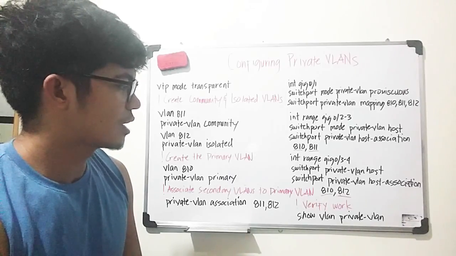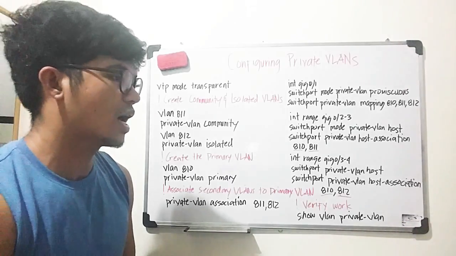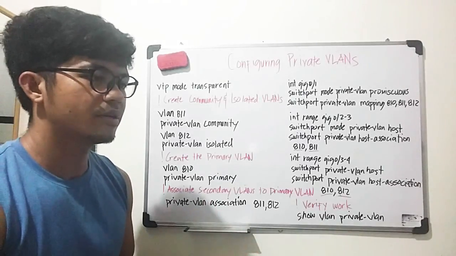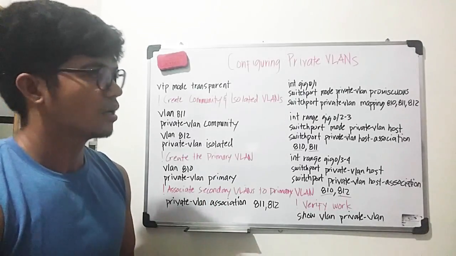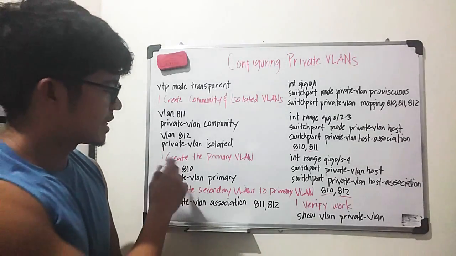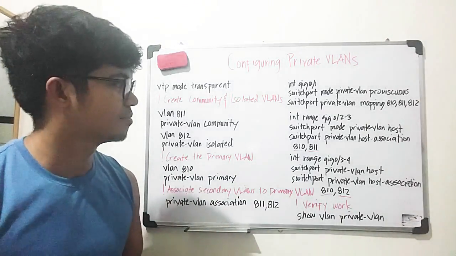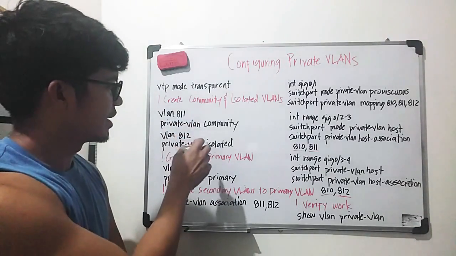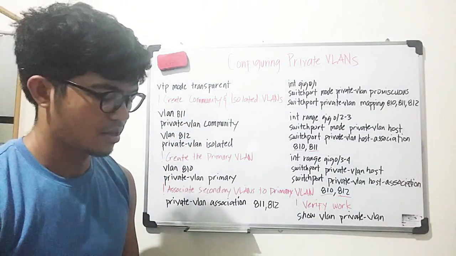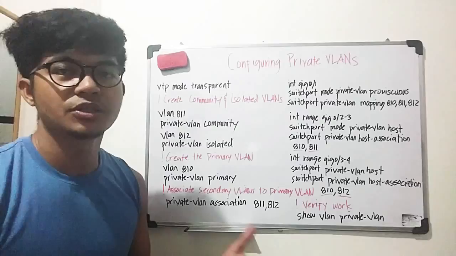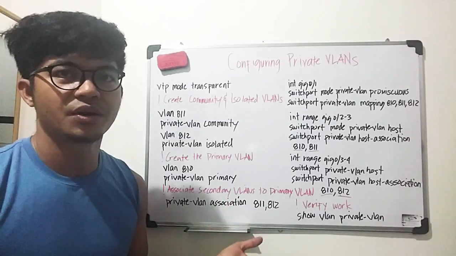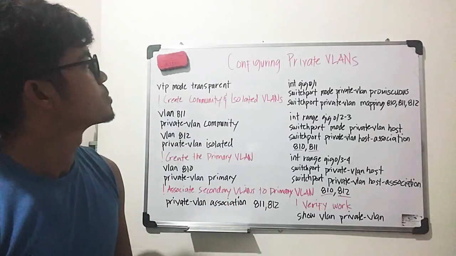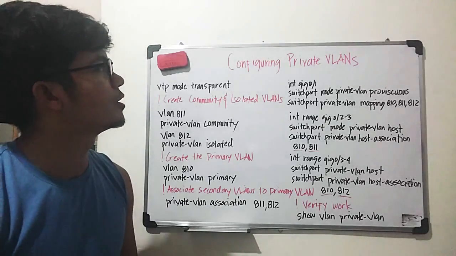When you issue that command, let's say that you have the primary VLAN, and that is 810, and the secondary VLANs, 811 and 812, and the ports that belong to particular VLANs.